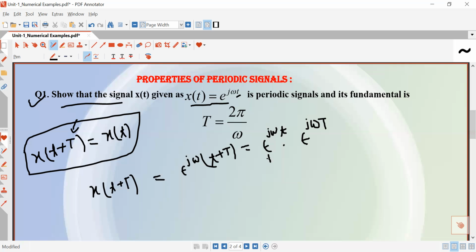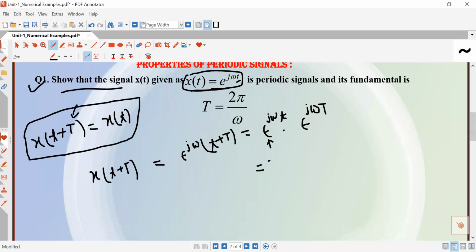And e to the power j omega t is equal to x(t), so you can write x(t) into this term, e to the power j omega T. So x(t plus T) will be equal to this.